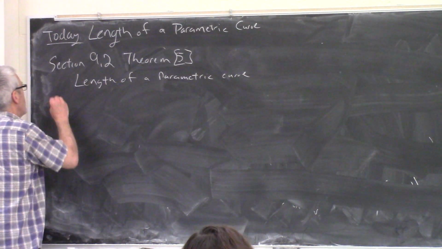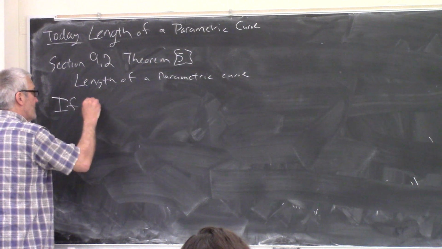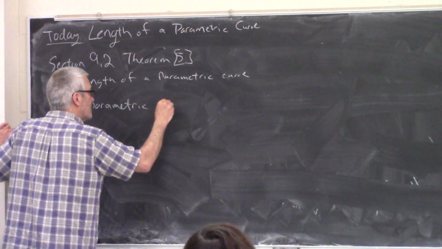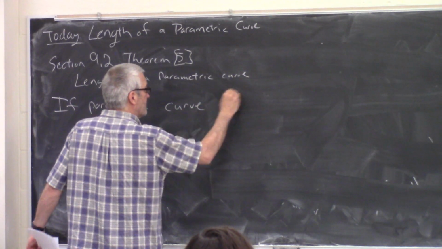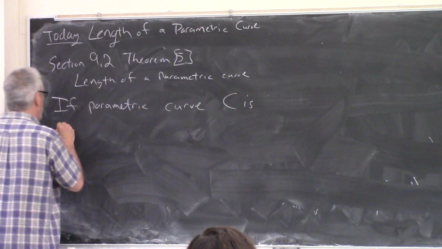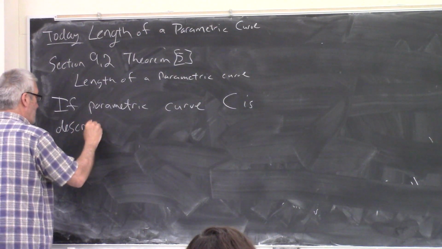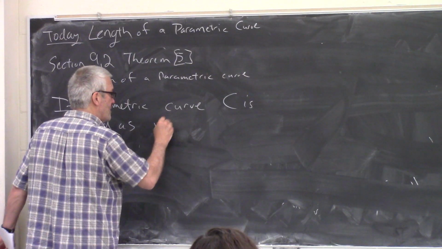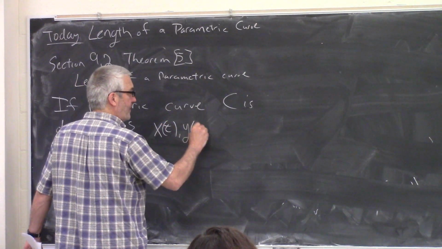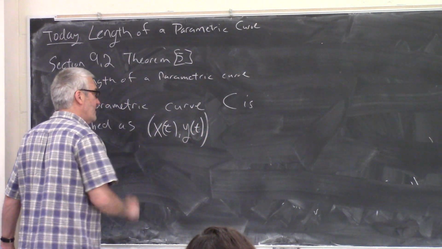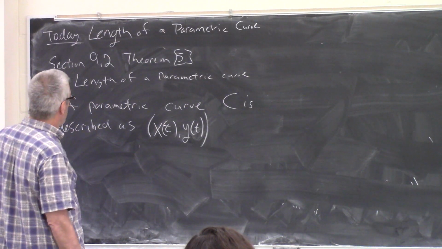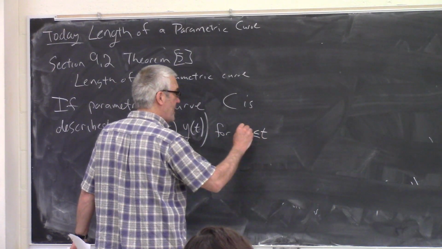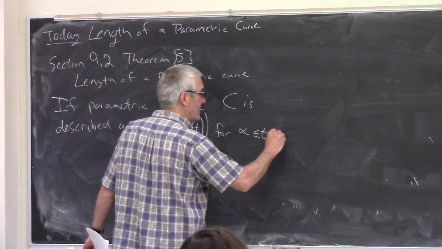So if curve C is described as x of t comma y of t. So again, there's the idea of a parametric curve. Its coordinates are given by functions for t, and here I'm going to use highbrow Greek letters, alpha and beta.